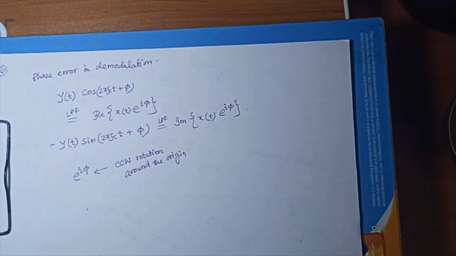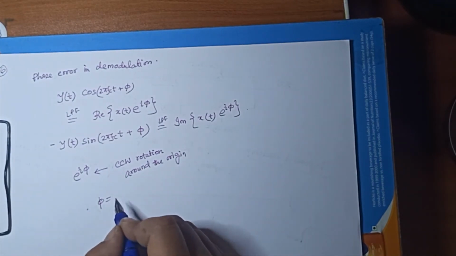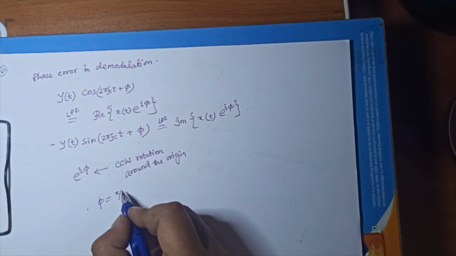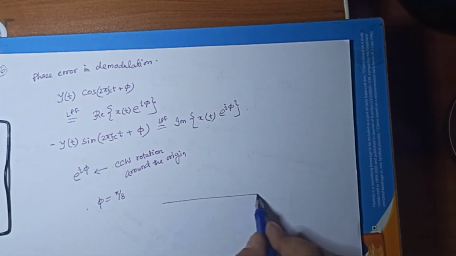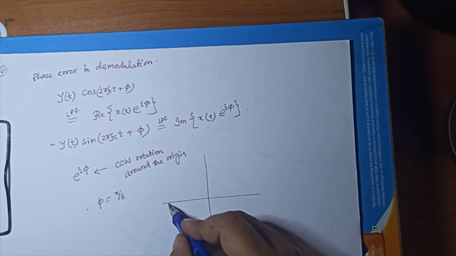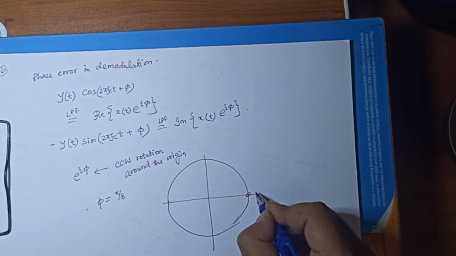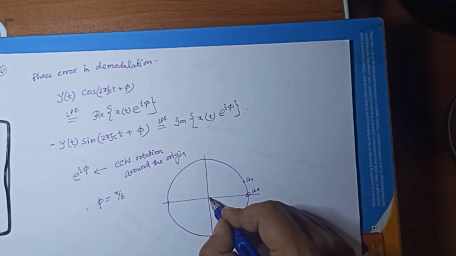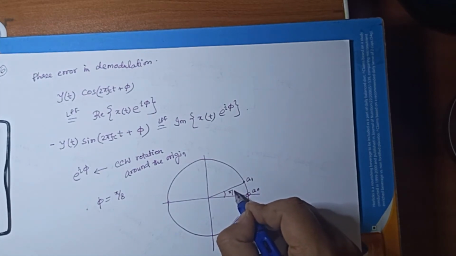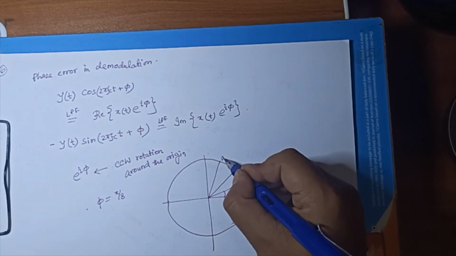So what will happen to the constellation if this happens? Suppose phi is say pi by 8, and you are working on a PSK system. Your constellation had A0, and A1 at an angle pi by 8 from here. A2 is at pi by 4, A3 here, A4 here, and so on.